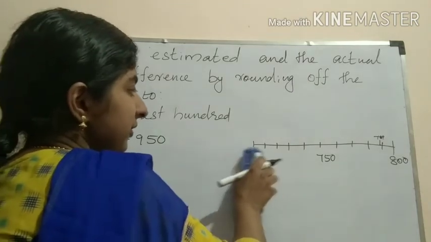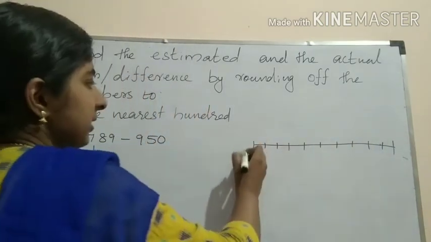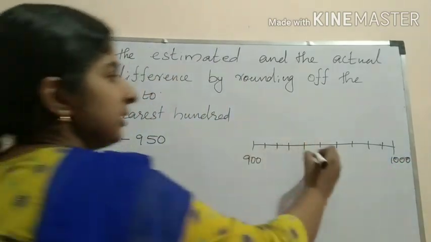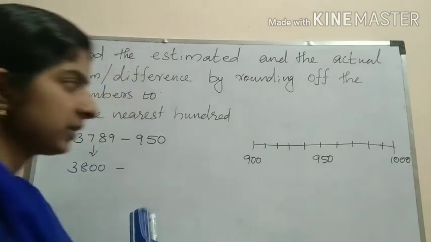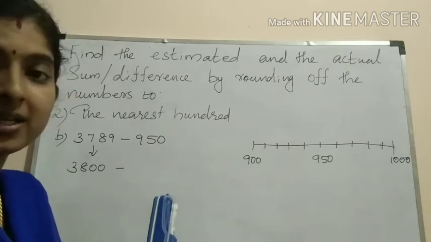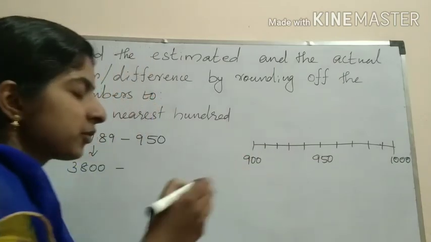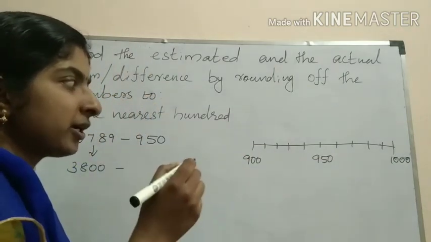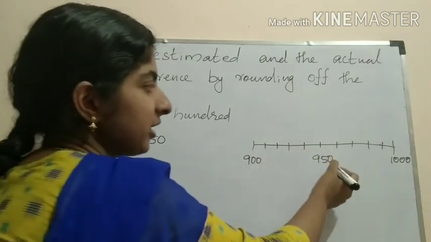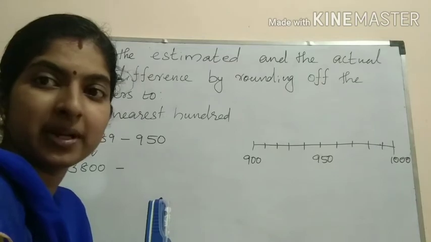950. 950 lies between which two numbers? 900 and 1000. Here lower 100 is 900, upper 100 is 1000. So 900 to 949 is the lower limit, and 950 to 999 is the upper limit.